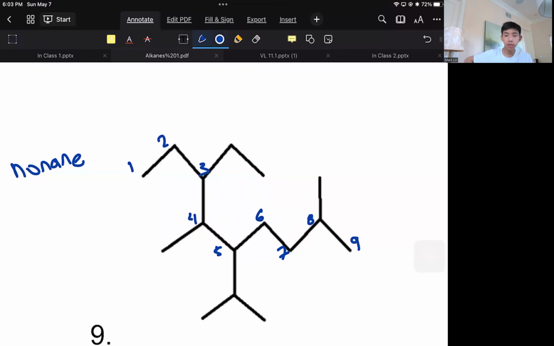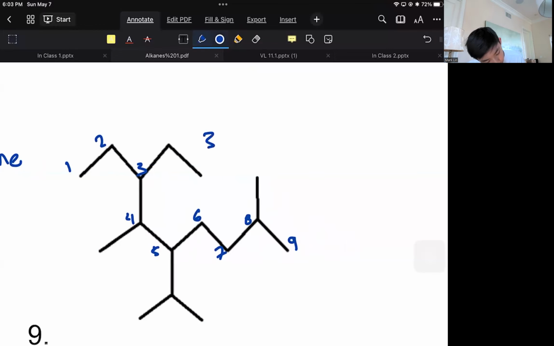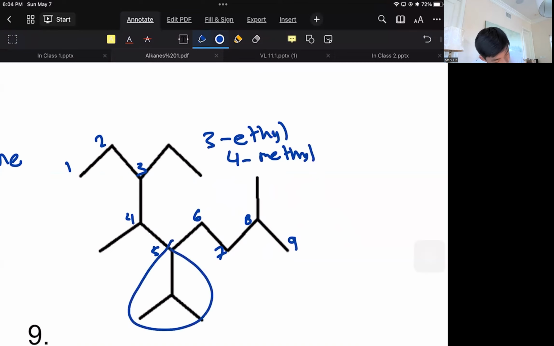So let's name them. At number three, we're going to have an ethyl, as I said earlier. Four, we're going to have a methyl. Five, one, two, three.